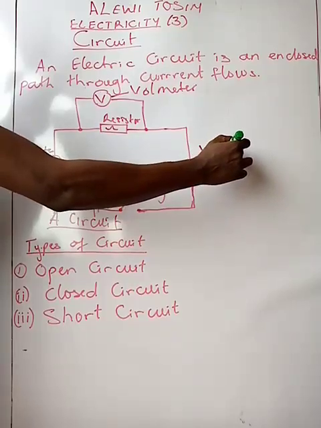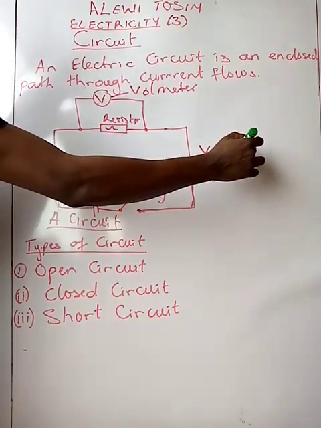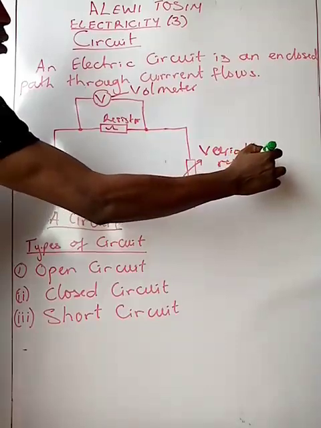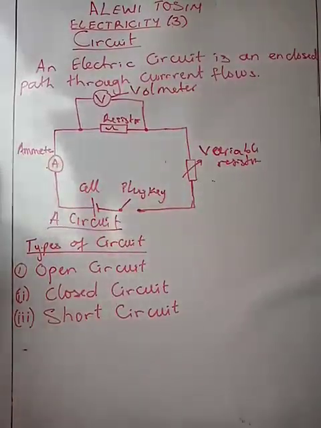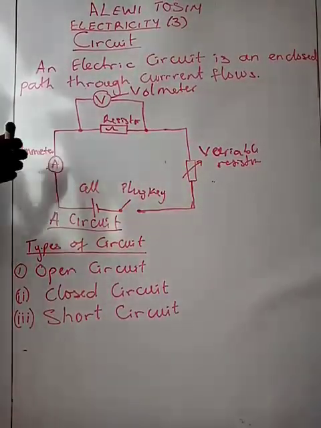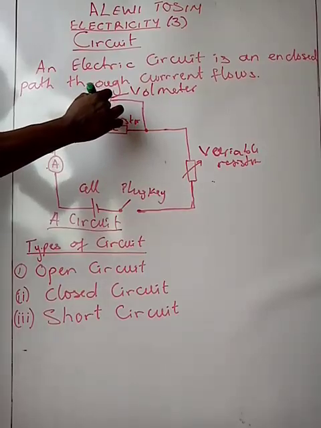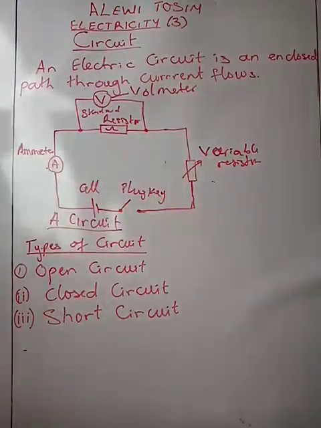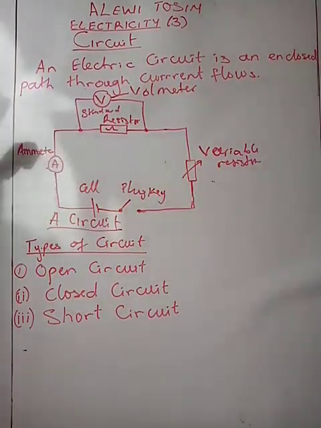Now, we have this as a variable resistor. What's the difference between a standard resistor and a variable resistor? A standard resistor has fixed ohms. You can have it as 1 ohm, 2 ohms, 3 ohms separately.